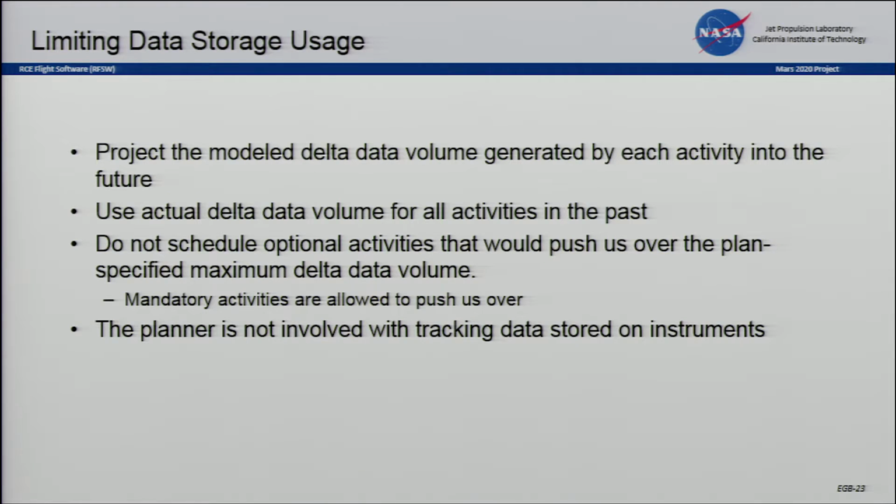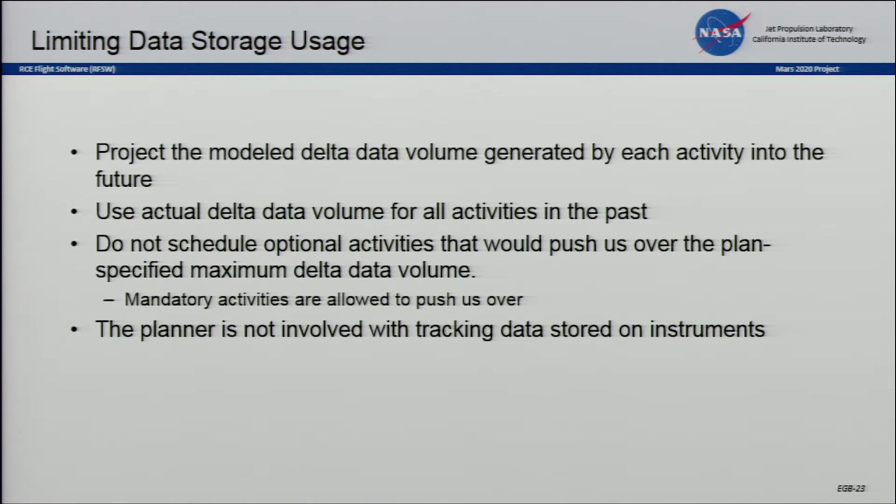The way we're doing that is we're going to look at the delta data volume that is generated. We know from the ground how much each activity is going to generate. Basically we have some limit, and we check all the activities that we're trying to schedule against the limit. There's some distinction between a mandatory activity and an optional activity.